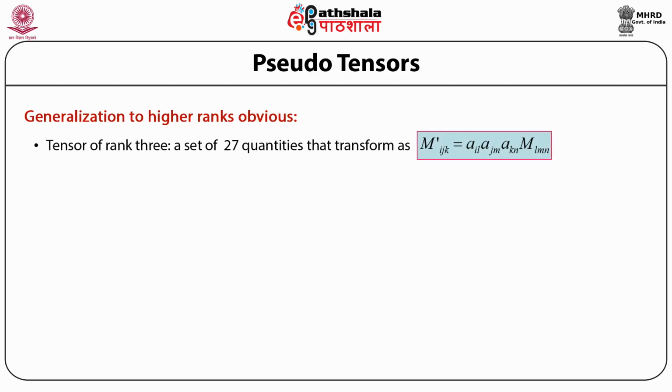If we take a tensor of rank 3 and do a transformation from the unprimed coordinate system to the primed coordinate system, then the transformation coefficients will be a total of 27 quantities, and this can be defined as, let's say M is the quantity which is transforming from the unprimed to the primed coordinate system, then M prime subscript i j k is equal to a subscript i l times a subscript j m times a subscript k n times M subscript l m n, where the quantities a subscript i l, a subscript j m, and a subscript k n are the coefficients which execute this transformation.